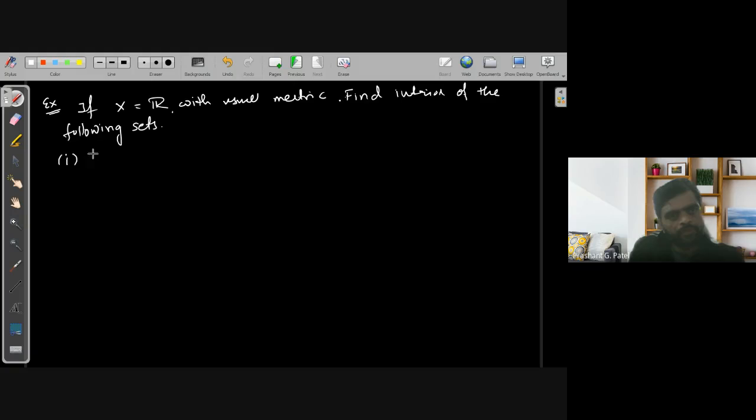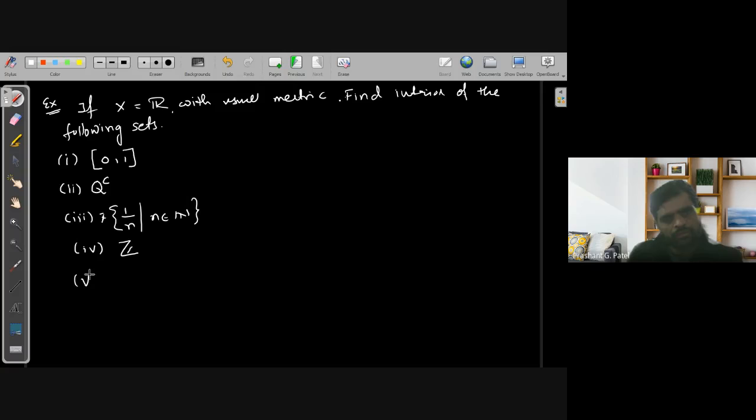The first one, closed interval 0, 1. Second one, Q complement, which we already did. Third one, the set of all points of the form 1 upon n such that n belongs to N. The fourth one is Z. Fifth one is closed interval 0, 1 intersection Q.